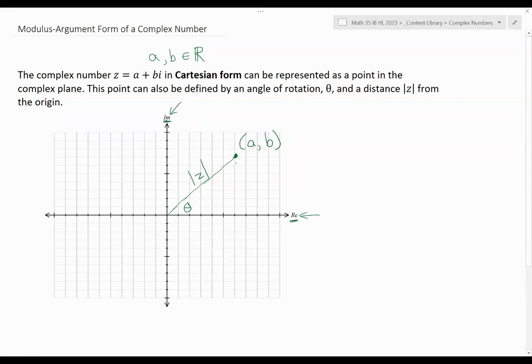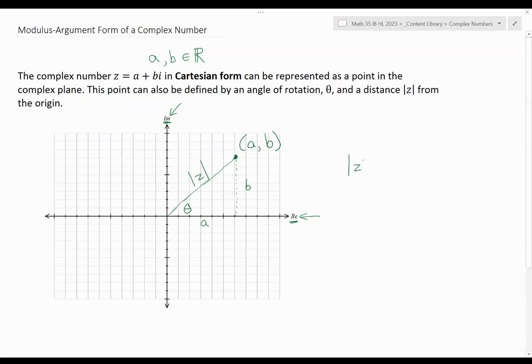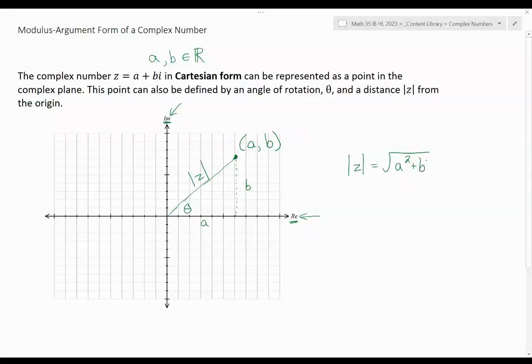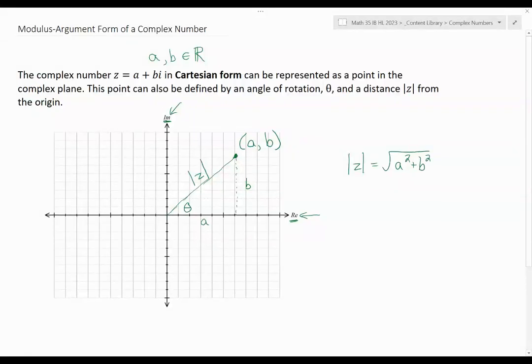And I think it doesn't take much convincing to realize that that distance has to be the modulus of z, because this horizontal distance is a, the vertical distance is b, absolute values technically of those distances if I'm talking distances. And so the modulus of z is the square root of a squared plus b squared, just the Pythagorean theorem here. So that distance, and then whatever angle of rotation happens to appear here.